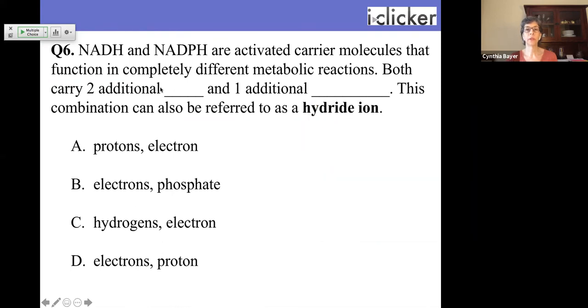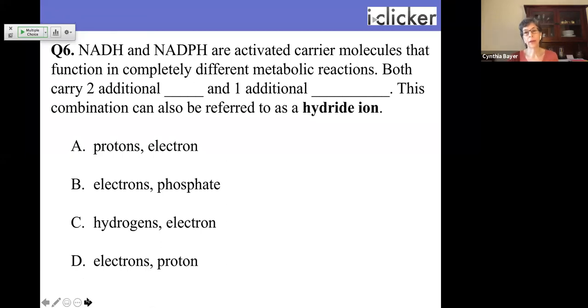When they're reduced, they're carrying 2 additional electrons and 1 proton. Together we call that a hydride ion. The reduced forms, that's what the H is, the reduced form of these electron carriers, NADH and NADPH, activated carrier molecules, high energy molecules carrying electrons that were extracted from the fuel molecules.